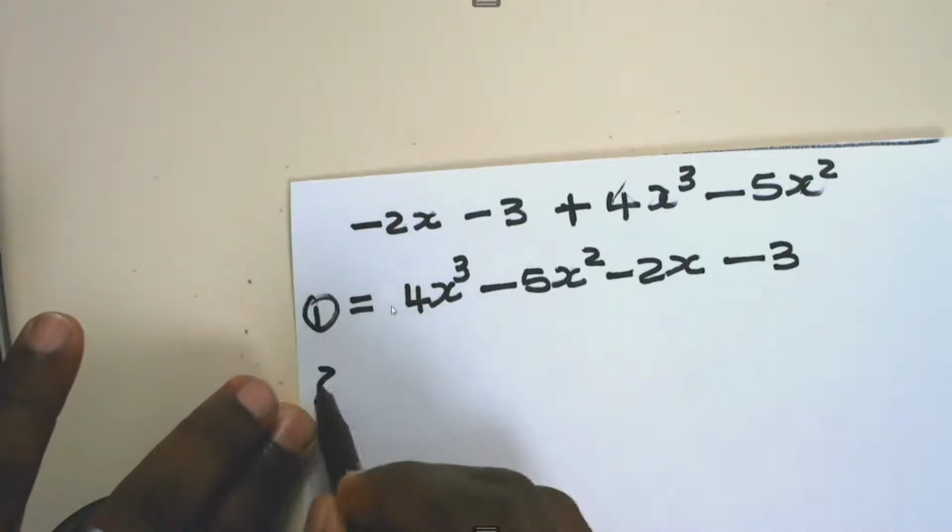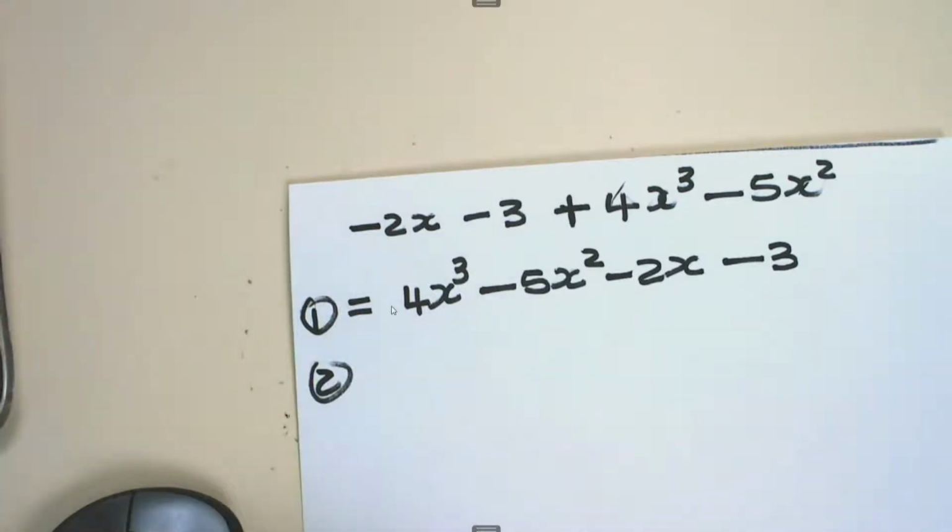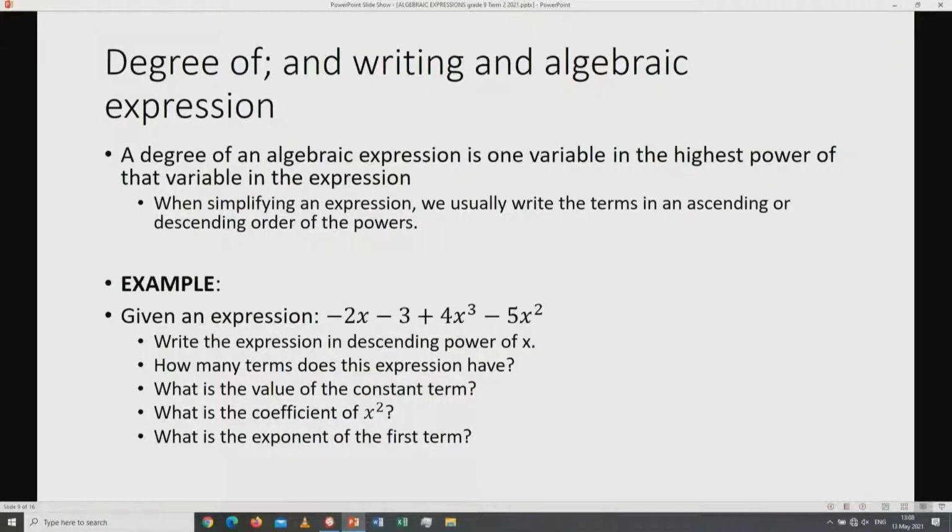All right. And then the next question says, how many terms does this expression have? The number of terms: we have to count how many terms, 1, 2, 3, 4.